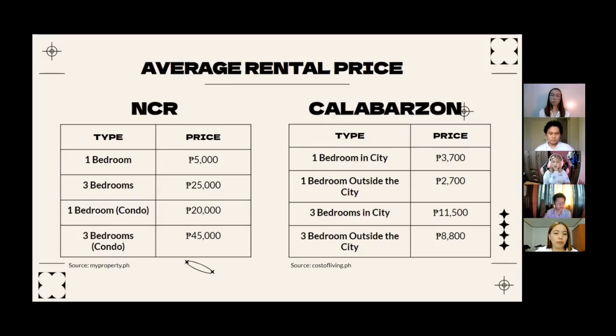But again, it depends on the area, size, and construction. So after comparing the rental costs in NCR and Calabarzon, there's no denying that Calabarzon provinces offer cheaper rental houses than NCR. Now, I am inviting Natasha to discuss the rental cost of living in Tokyo versus in Saitama, Japan.